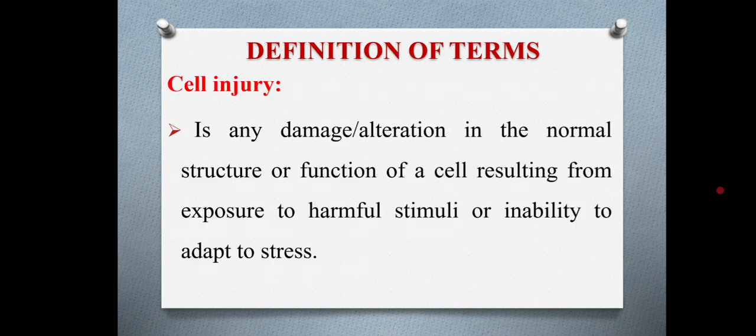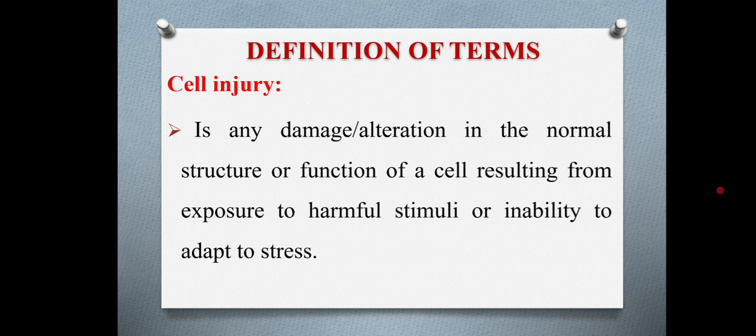So let's make progress. To start with the key terms, we'll talk about the actual cell injury. What do I mean when I say cell injury? Cell injury is any damage or alteration in the normal structure and function of a cell resulting from exposure to harmful stimuli or inability to adapt to stress.